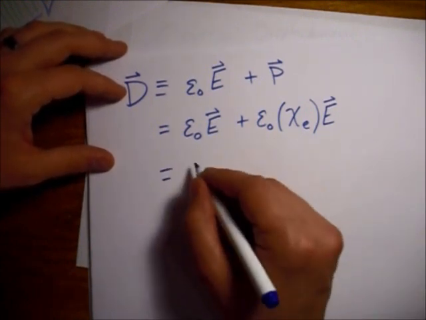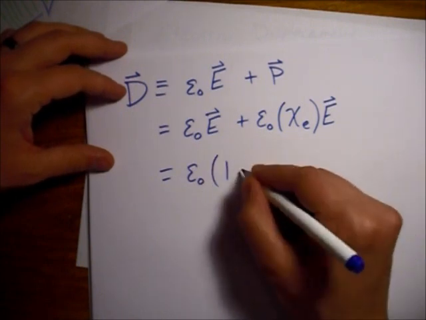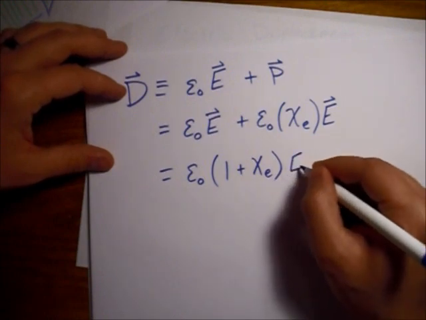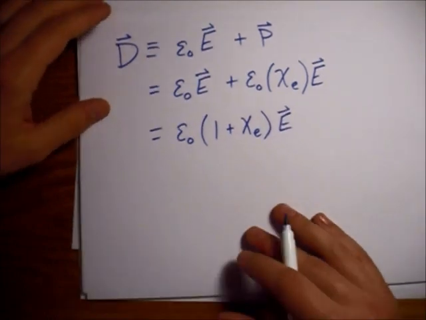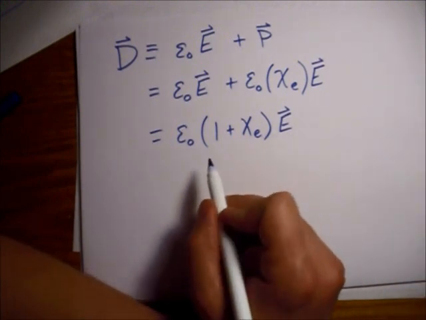Linear dielectric. Okay. So we've been through this before, but if this is the first problem you're looking at, then it's good to go through this. So here we go.